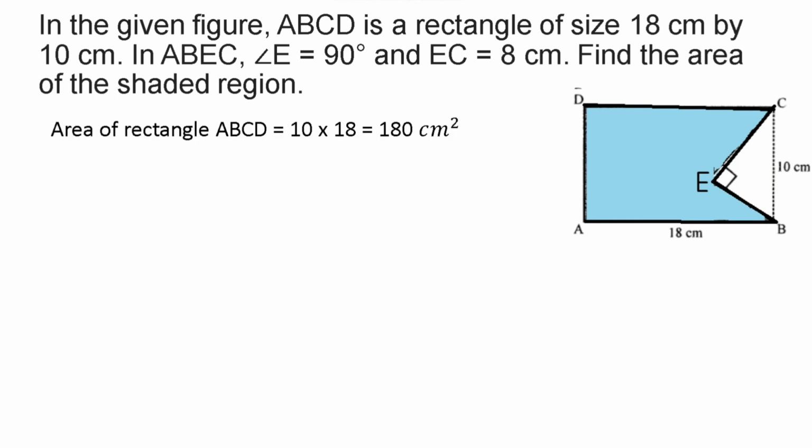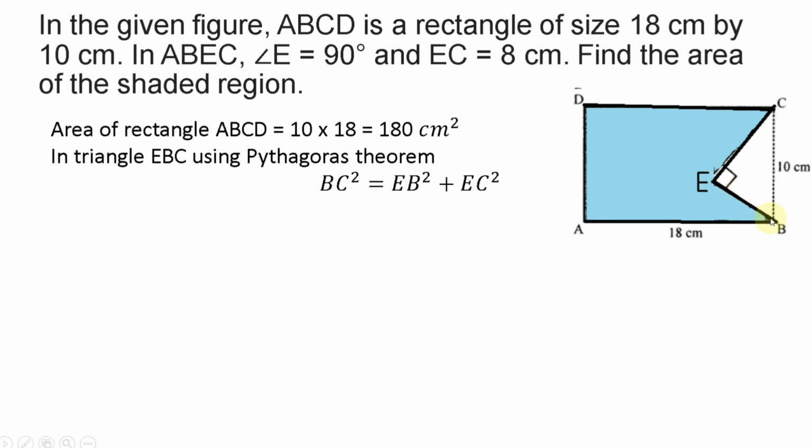So first thing, I am calculating the area of the rectangle. Area of the rectangle is length into breadth. So 10 into 18, that is 180 centimeter square. Now using the Pythagoras theorem, this is your hypotenuse and these are the other two sides. So using the Pythagoras theorem, I can write BC square is equal to EB square plus EC square.